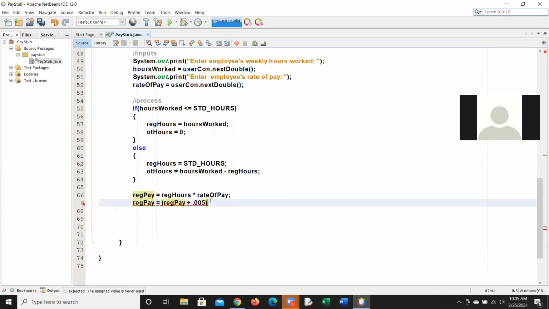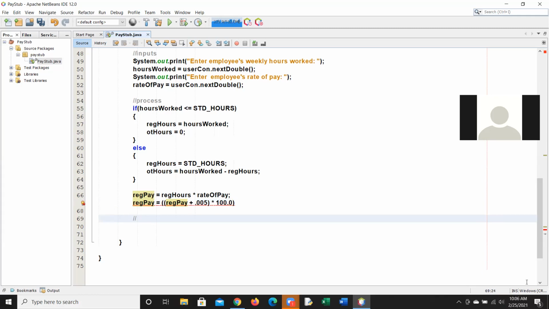I'll explain this more in a second. And then I want to multiply it by 100. And I'm going to put 100.0 so it knows that's a double. Okay. So I'll explain this down below here.